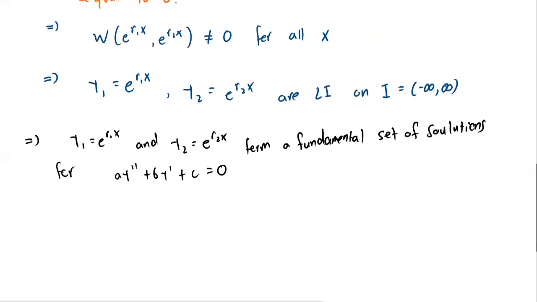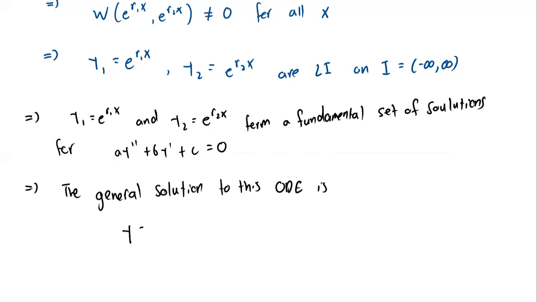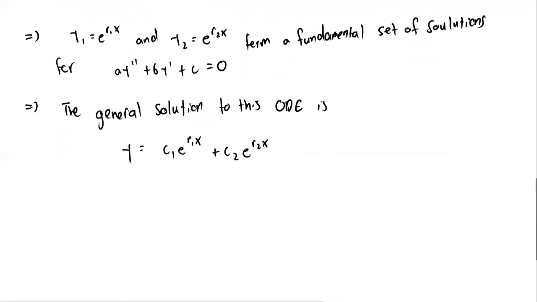And what does that mean for us? Well, that means that the general solution is any linear combination of these two functions, so any function that looks like this, where C1 and C2 are arbitrary.